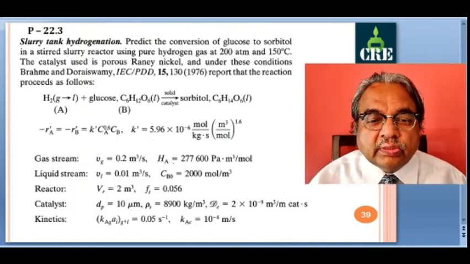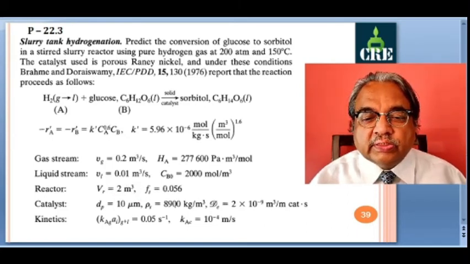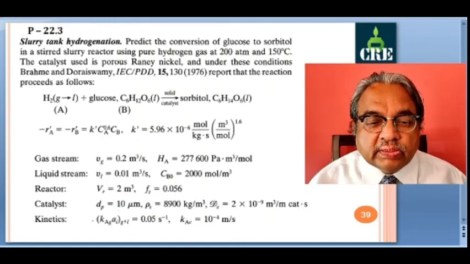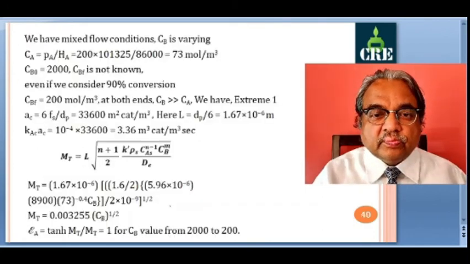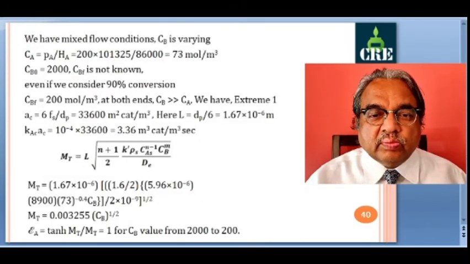So Vg, Ha, Cb0, Vl, volume of the reactor, solid loading, diameter of the particle, density, diffusivity, all these things are given. Combined conductance is given for first two terms. Kac is given. So applying the similar procedure, we can start solving with Ca, Pa by Ha, that comes out to be 73.